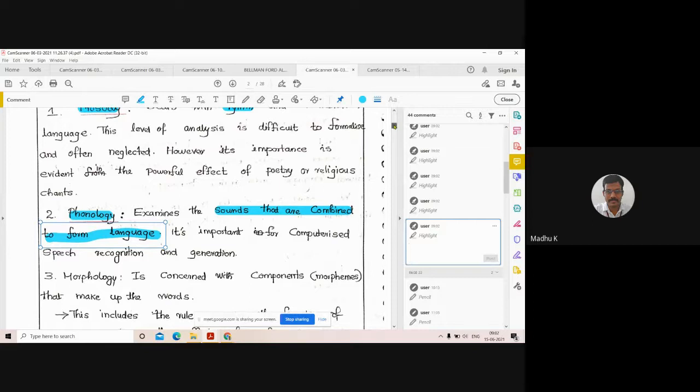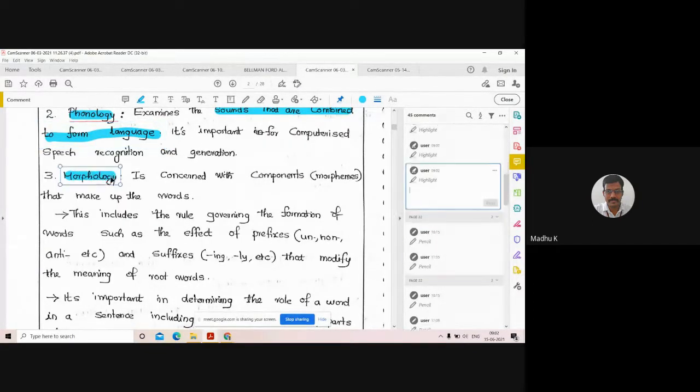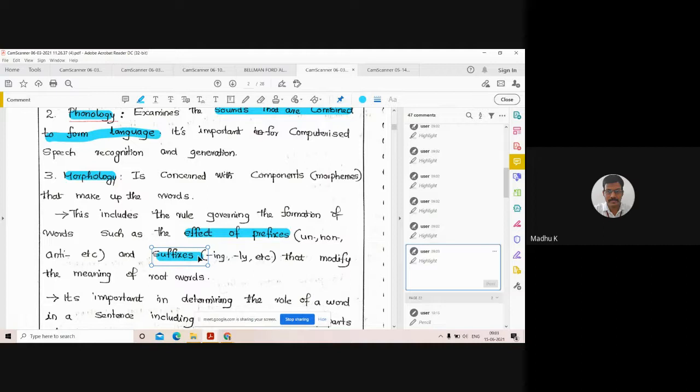And the next is morphology. What is morphology? Morphology is concerned with the components that make up the words. For example, the effect of prefixes, for example anti, un, etc., and suffixes that modify the meaning of the root word.